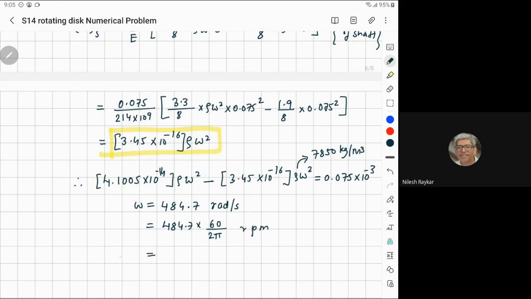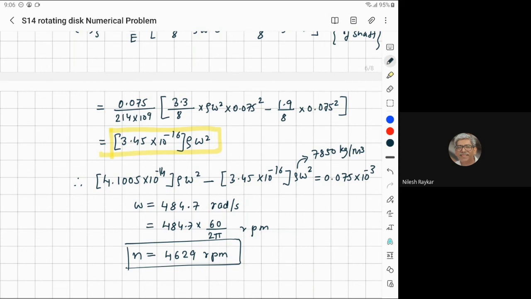So the RPM is 4629 RPM. This is the answer. When you start rotating this assembly at 4629 RPM, you will find that the disc will get separated from the shaft after overcoming the radial interference which was given for this case.